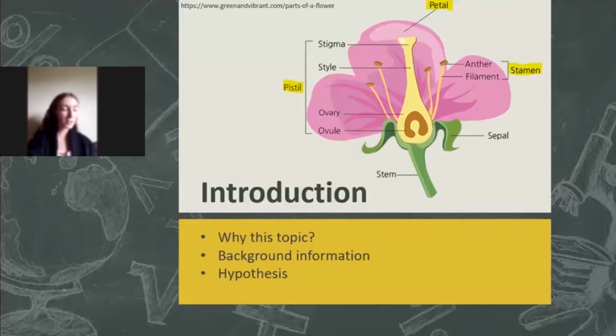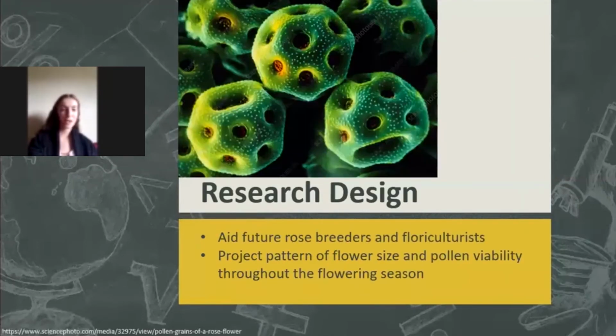The hypothesis for my project is that as the time of season progresses, the difference between the petal, anther, and pistil counts between the primary, secondary, and tertiary buds will become more significantly separated in the flowers. The research design is primarily to aid future rose breeders and floriculturists, since there really isn't a lot of information on this topic currently.